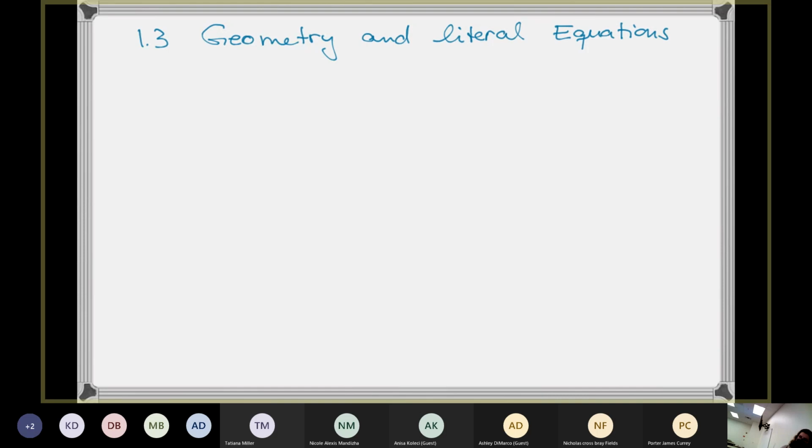Does anybody know what a literal equation is? What is a literal equation? Literal equation. What is it? Any thoughts?